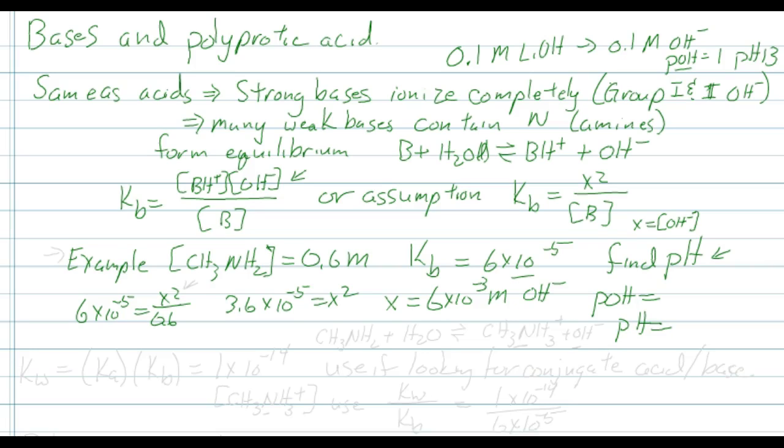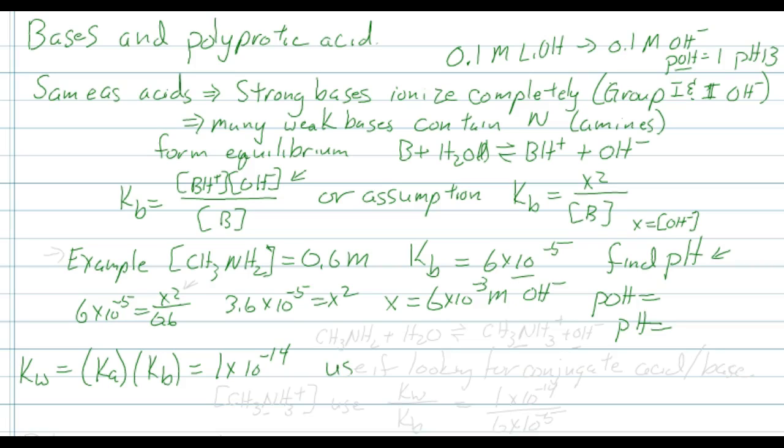An interesting help here, Kw is equal to Ka times Kb, which is 1 times 10 to the negative 14. Sometimes they will give you the Ka, but you're interested in the conjugate base, so you gotta change. They won't give you the Kb. You gotta figure out what the Kb is from the Ka.